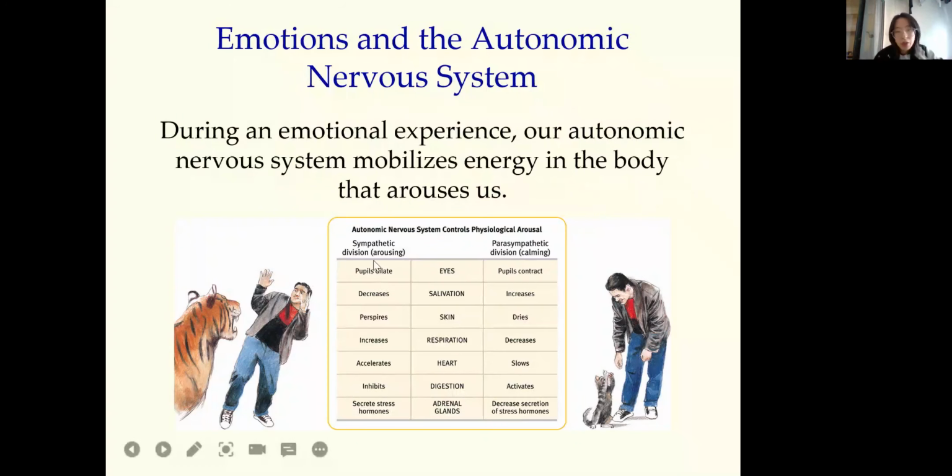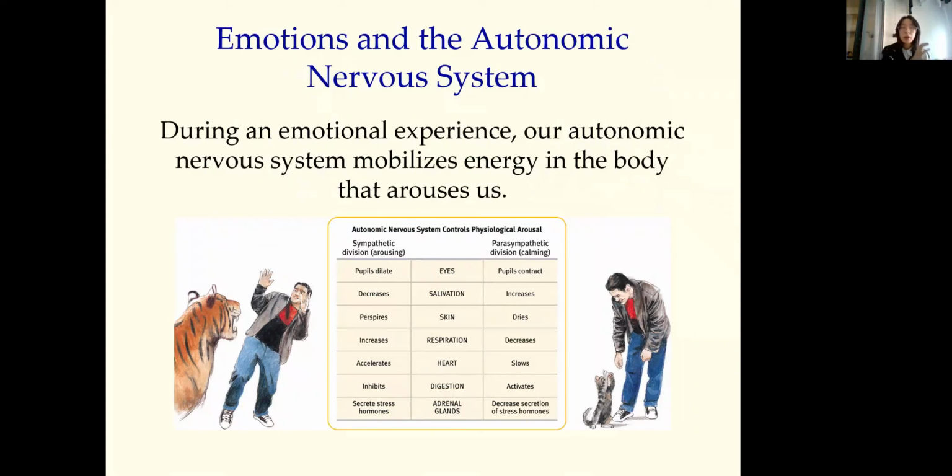So what happens when we are scared? Our pupils dilate, our salivation decreases, our skin perspires, our respiration increases, our heart accelerates, our digestion inhibits, and our adrenals secrete stress hormones. Okay, that is how our body parts react when we are scared.